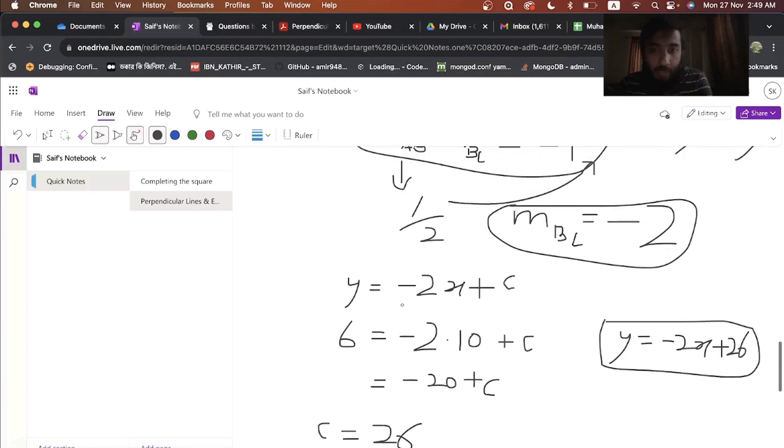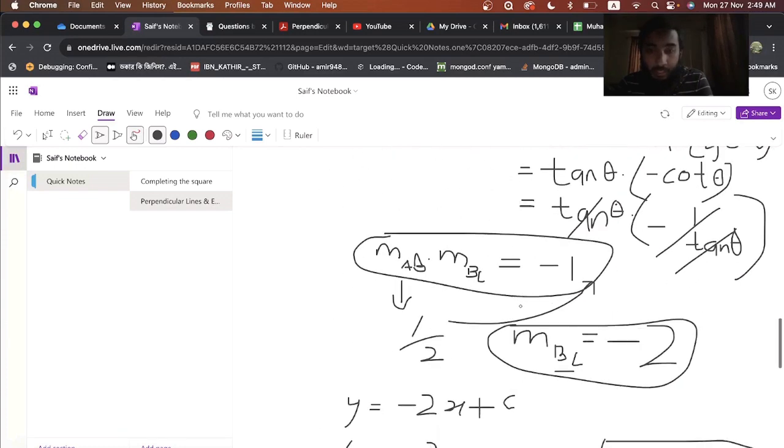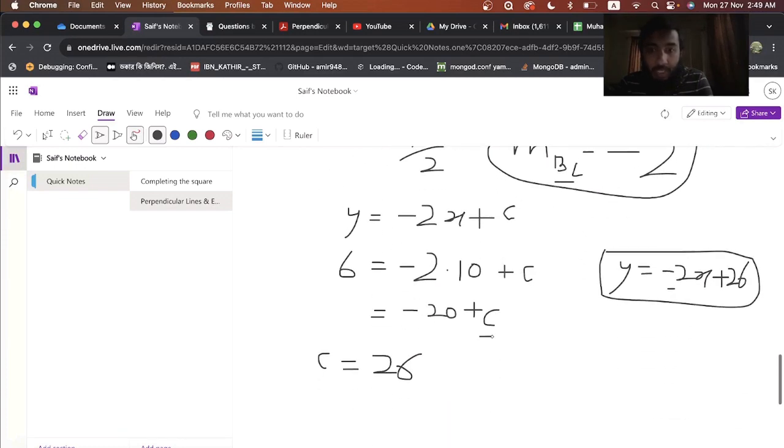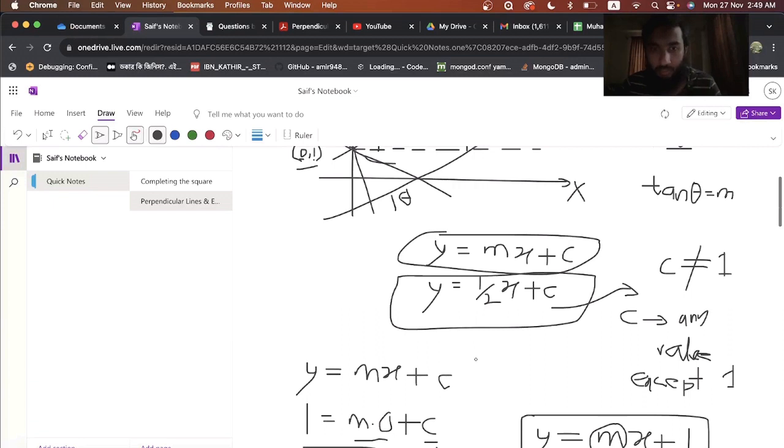Because it's minus 1 and I know one slope, I can get the value of the other slope, which was minus 2, and use it with the coordinates of B to find the value of c, and then found the full equation. So I hope you understand how I went through these three parts of problem number 1.